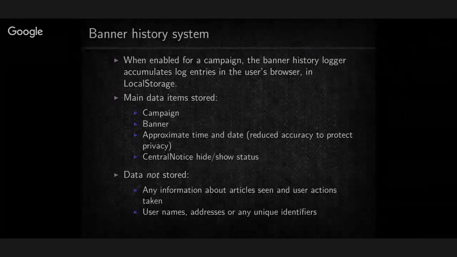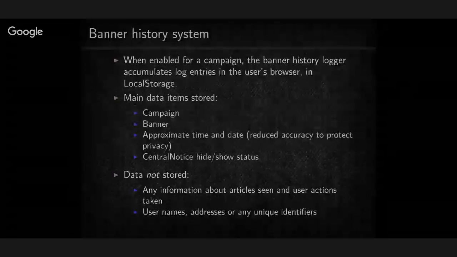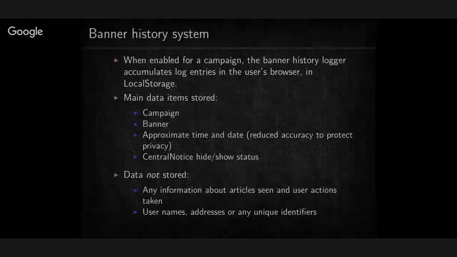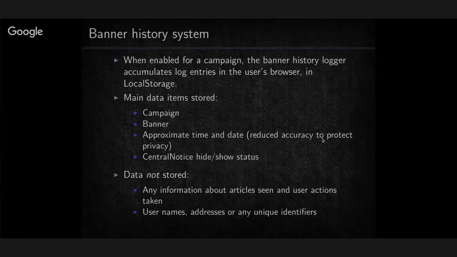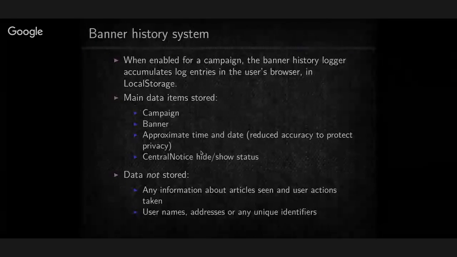If it's a logged in user, which is actually not relevant for fundraising because only anonymous users see banners for fundraising. But in any case, for any kind of community or fundraising campaign, there should be no way to correlate the history accrued here to the user activity on the wiki in any way.